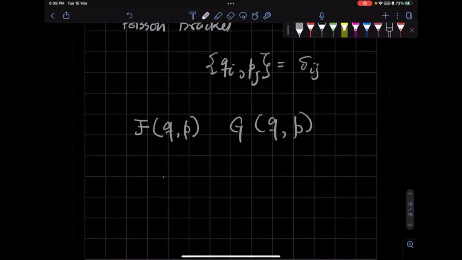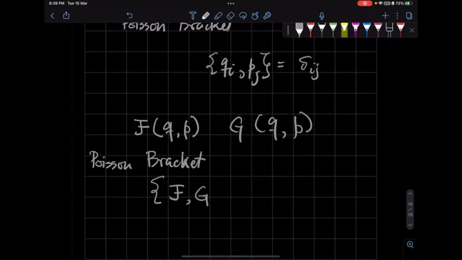Then we can define a Poisson bracket between these variables f and g, and it's defined to be the derivative with respect to qi of f first, and derivative with respect to pi of g.